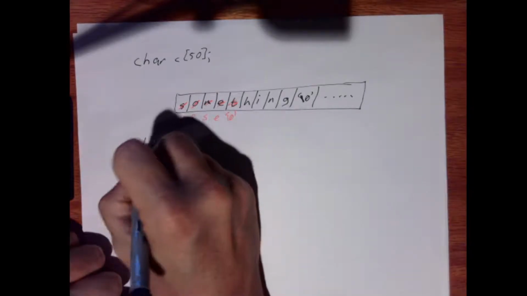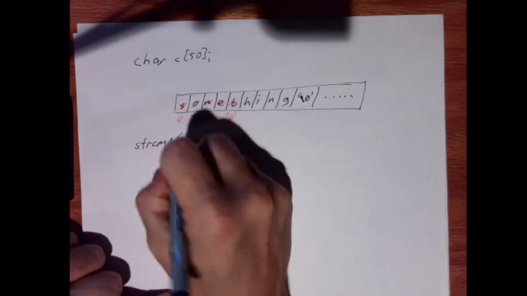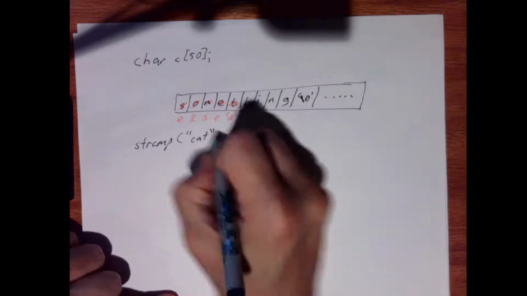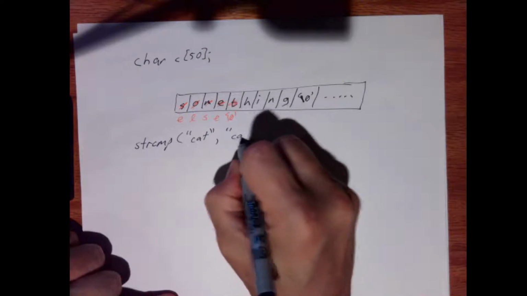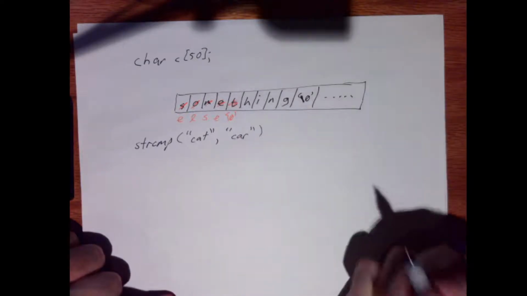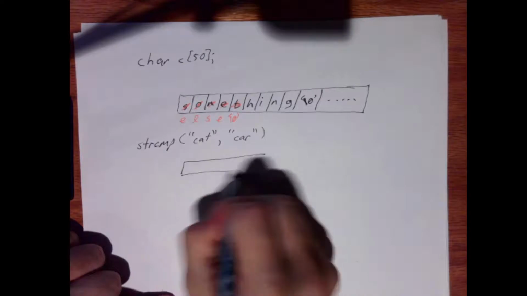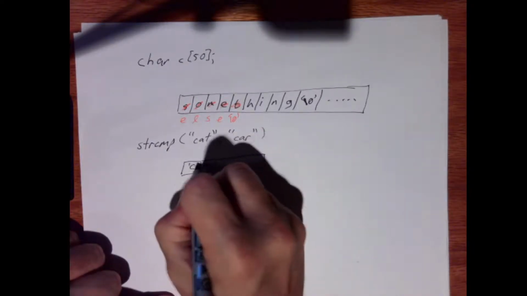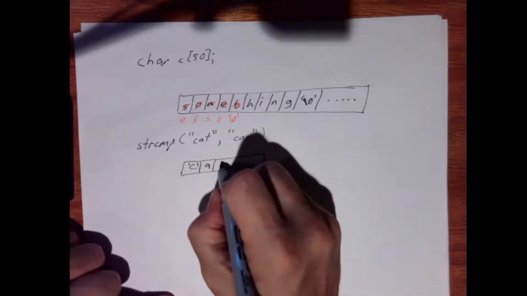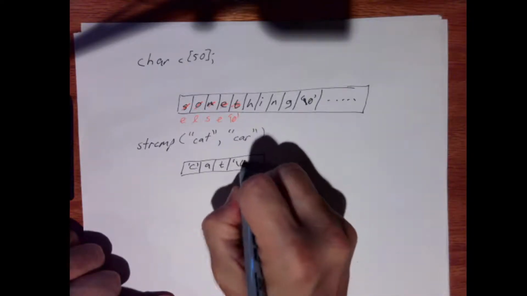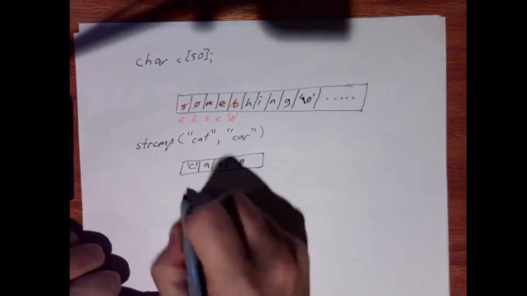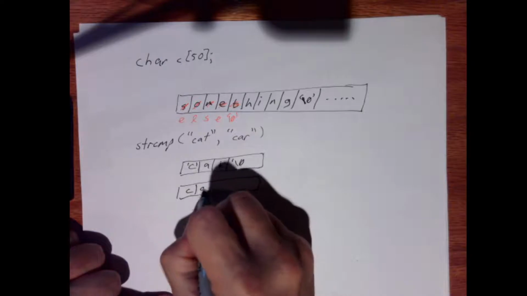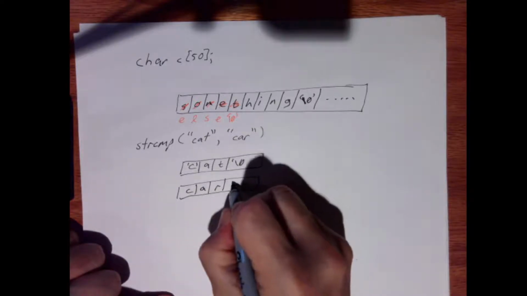So when I use string compare, and when I had A and B, A was cat, and B was car, what it's doing is taking those arrays of characters: there's a C, an A, and you really could put these in single quotes if you want to be clear, a T, terminate null; C, A, R, terminate null.